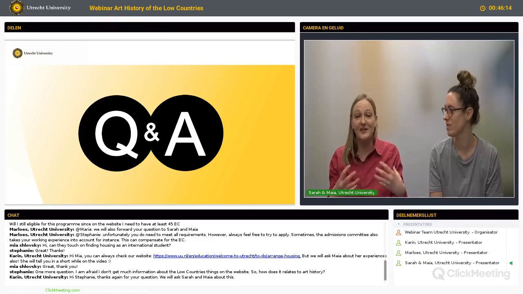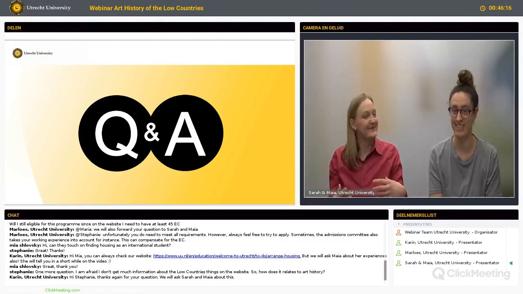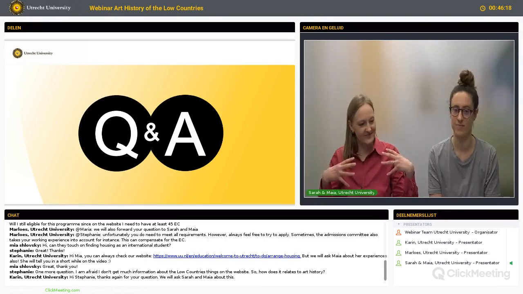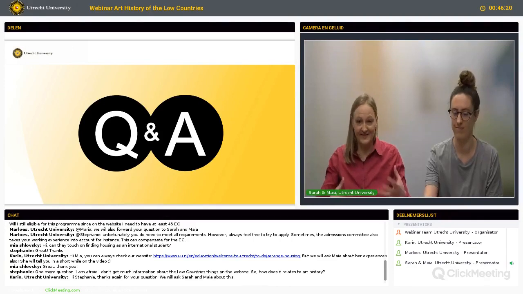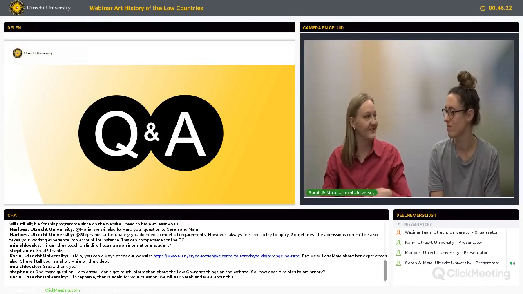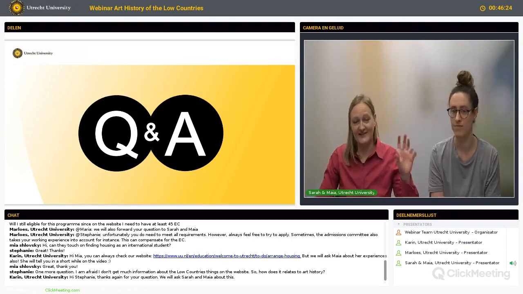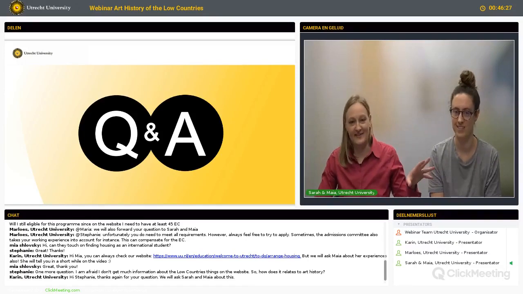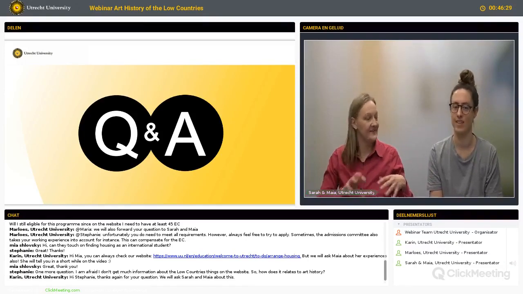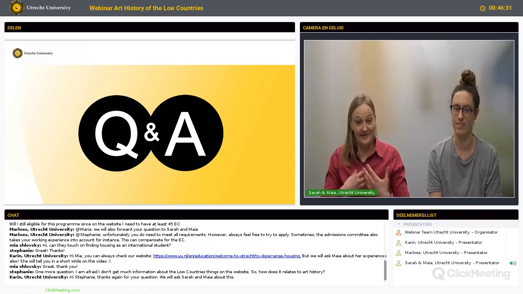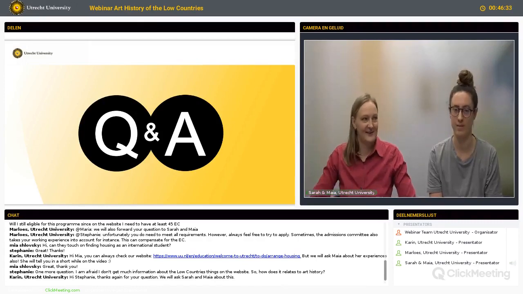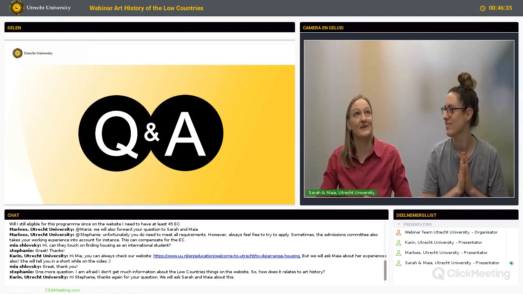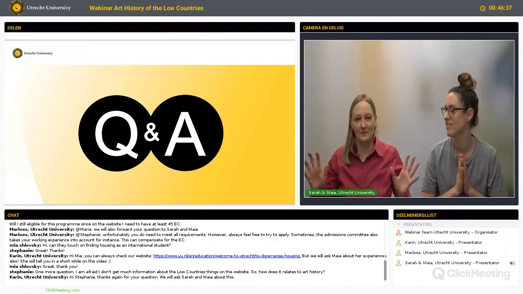So it's a super exciting area to study, because you get this place where people call themselves Low Countries Netherlanders, but half of it is Protestant and independent and fighting off Spain, and the other half is Catholic and still part of the Spanish Empire. So that relates to our history in about an infinite number of ways.